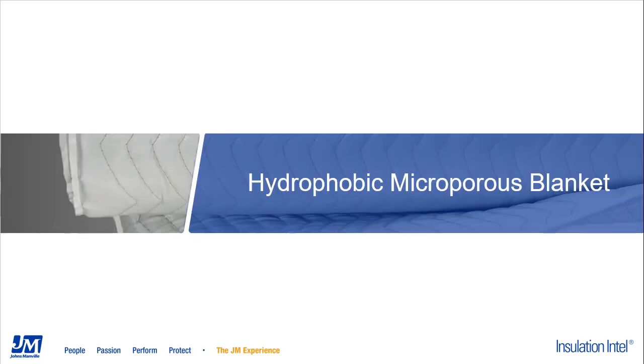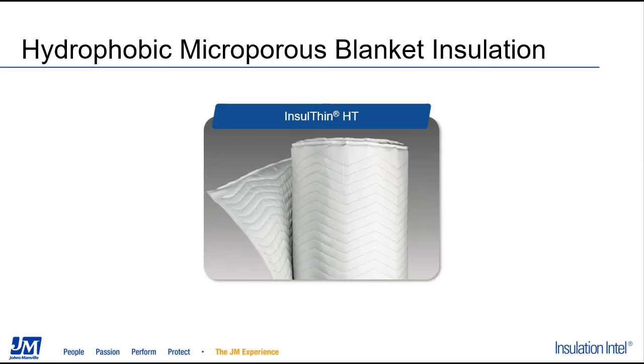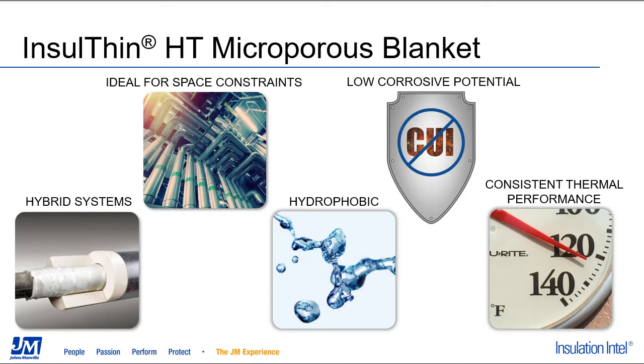The next product that we'll overview quickly is our hydrophobic microporous blanket. That is our Insulin HT. This is a fumed silica blanket. Of our hot insulation product line, it has the best thermal conductivity performance of any of the products that we offer.